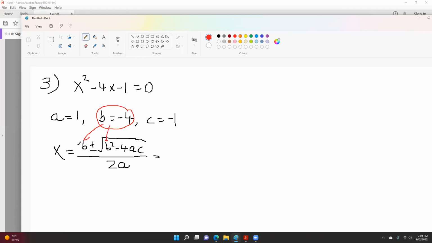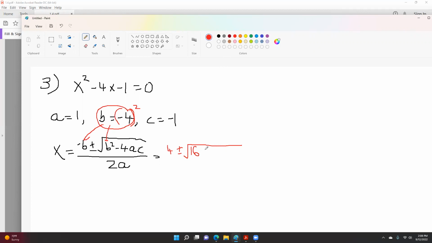Now, since there is a negative and our B is a negative, so that two negatives will become positive. Okay. And then we have to square this whole B. As you know, when you square a -4, this will become +16.